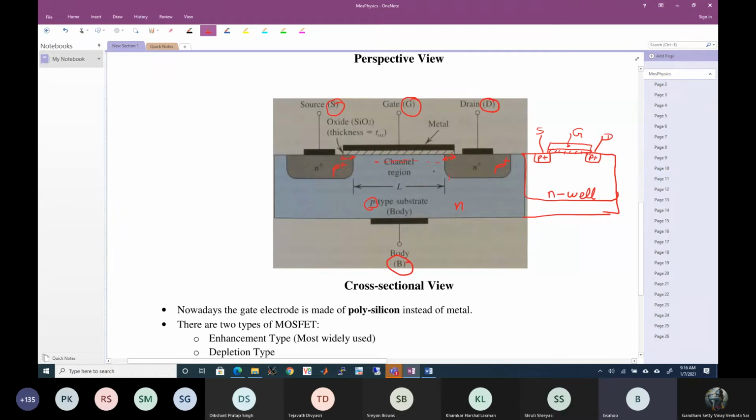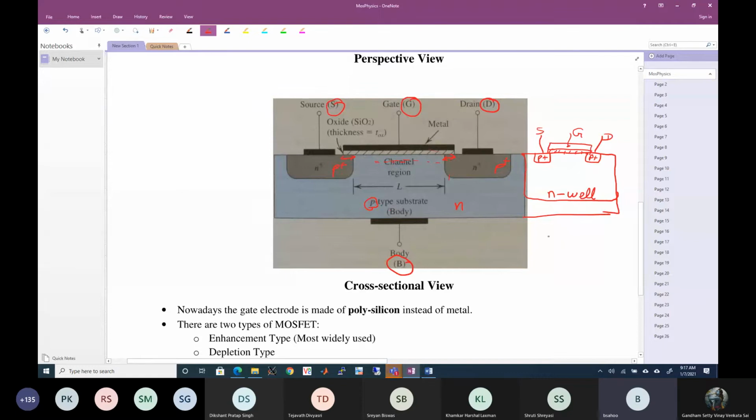I don't know if you have studied the device fabrication process. This overlap is unintended, but it happens due to the manufacturing technique. We do not actually want it, but it happens because of the way the ions are diffused, the N plus diffusion is done. This is called an overlap.